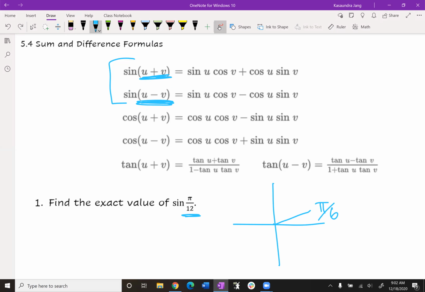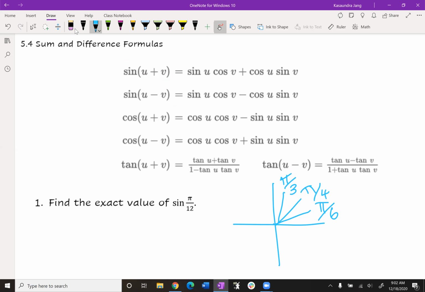So I know the pi 6, the pi 4ths I memorized on my unit circle, and pi 3rds. And you can keep going to pi halves, all the ones that I memorized. I'm trying to figure out which ones would subtract to be pi 12ths.